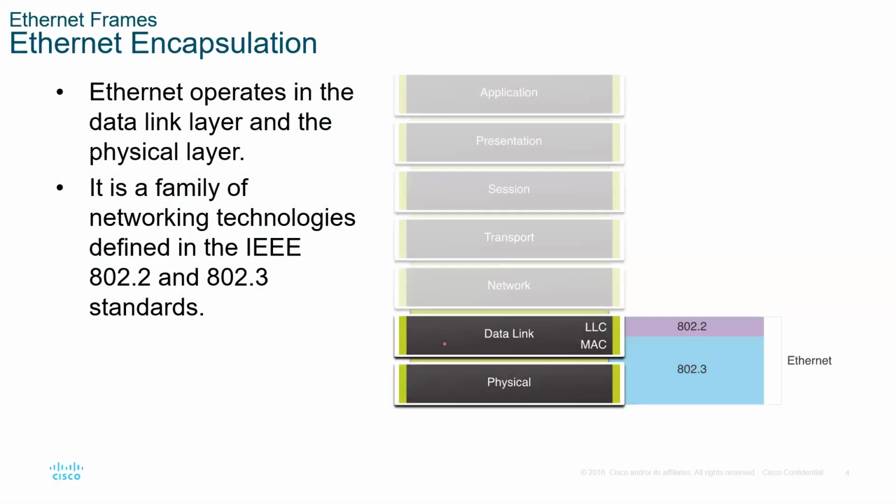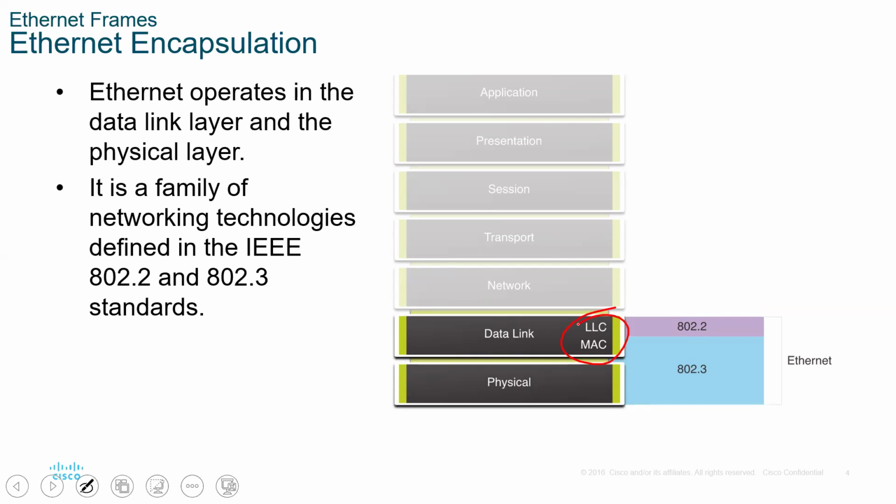Like we said, the data link layer operates at layer 2 of the OSI model, and the data link has the logical link control and MAC. The MAC means media access control. When you say media access control, it talks about how you can access the media, and what media? The network media.